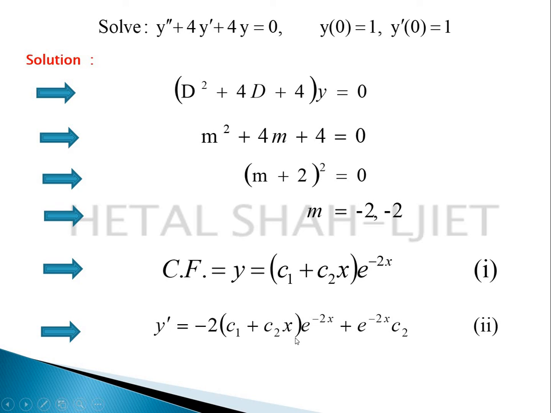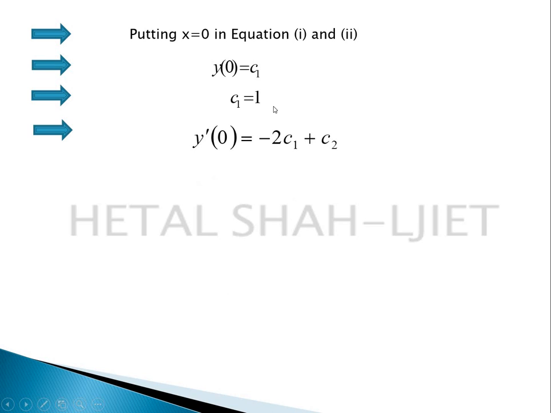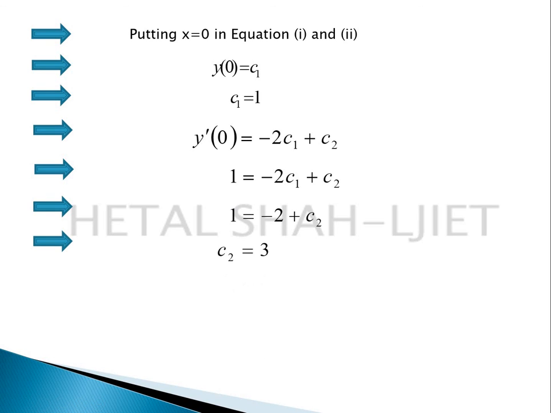Similarly for y dash(0), C1 is equal to 1 because the value of y(0) is 1, which is already given. And for y dash(0), minus 2 C1 plus C2, as C1 is 1 and y dash(0) is again 1, so C2 is 3.